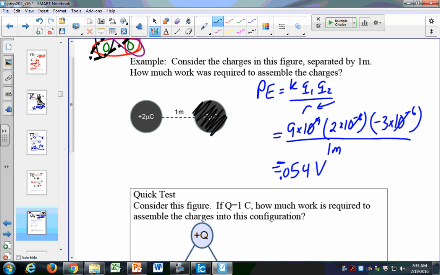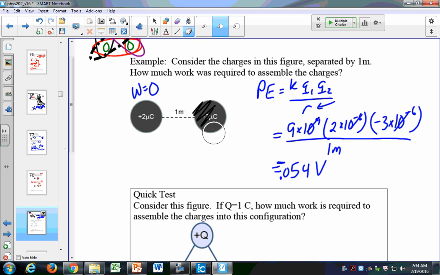If it's accelerating, yeah. But if there are no other charges around it, there is no electric force acting on it. Because in order to have an electric force, you have to have 2 charges. Okay, so in order to take that 2 microcoulomb charge and move it into the position right here, it requires no forces. And so in order to move that charge into that position, the work required is equal to 0.